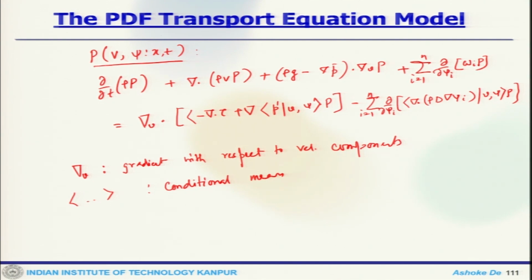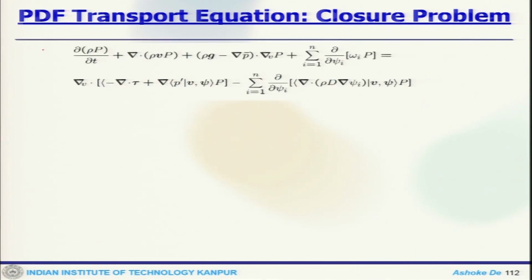So, once we have this equation, we can see this is the transient term, convection term, and other terms. Now, on the left hand side, the first two terms are the local change and the convection of the probability density function in physical space.